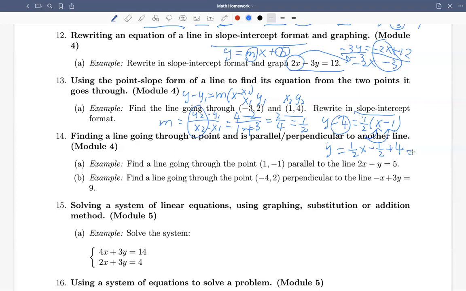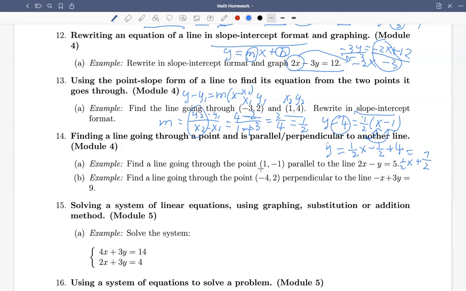So we simplify a little bit, we get half x plus, well, 4 minus half, that's 3 and a half, or 7/2. Okay, so the answer for 13, the slope-intercept form for the 2 points given, is y equals half x plus 7/2.